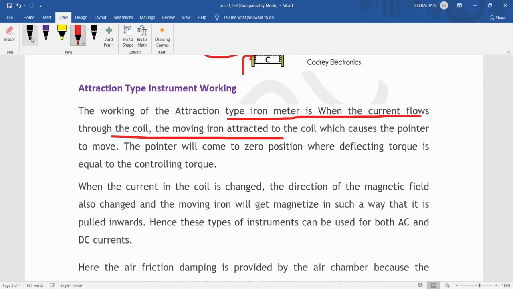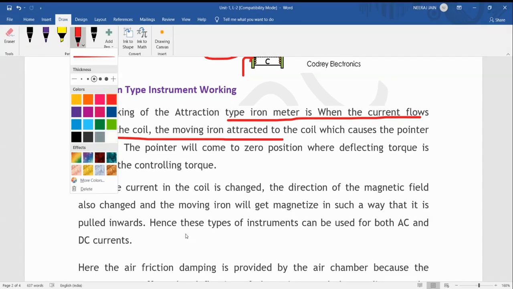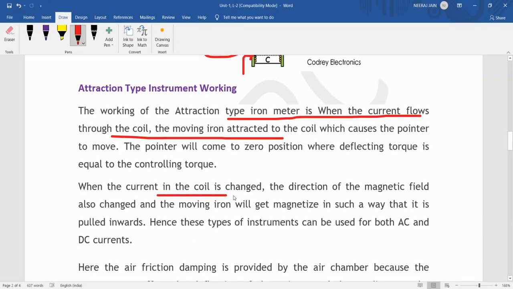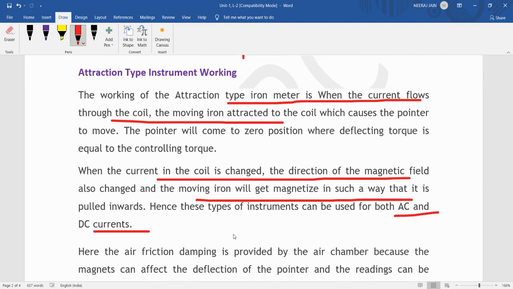When the current direction changes, the moving iron will get magnetized and it also changes its direction. Hence, these instruments can be used for both AC and DC current.